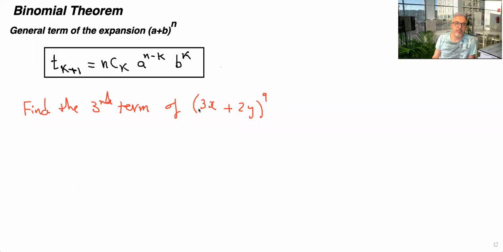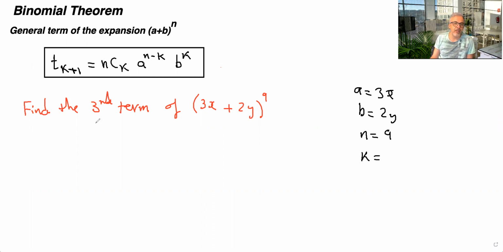Find the third term of this expansion. So let's identify our variables here, the a, b, n and k. So a here will be 3x, b will be 2y, n is the exponent in here, which is 9. K is what you need to determine.